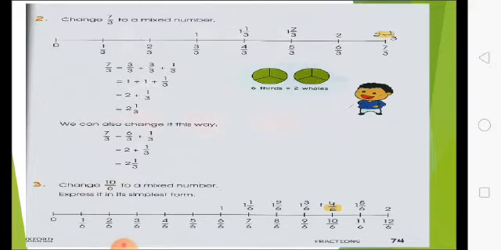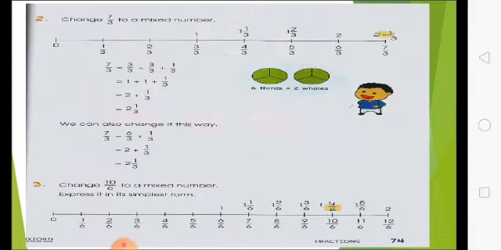And we know that one whole here is divided into three parts. So 3 by 3 equals 1 whole, plus 1 whole makes 2 wholes, plus the fraction 1 over 3. Here we have the mixed number 2 whole 1 by 3, which is missing on the number line.